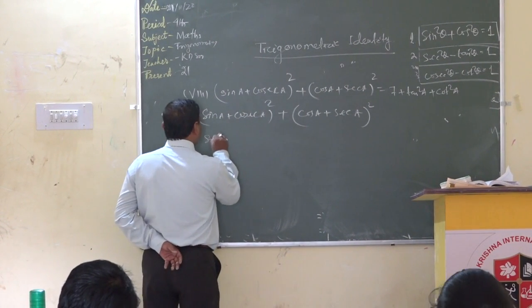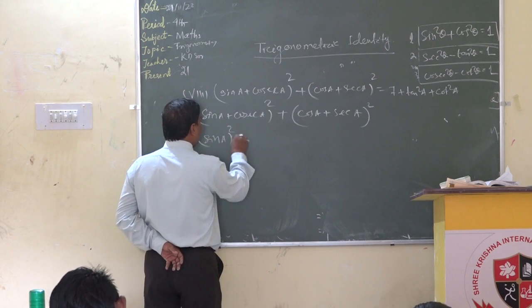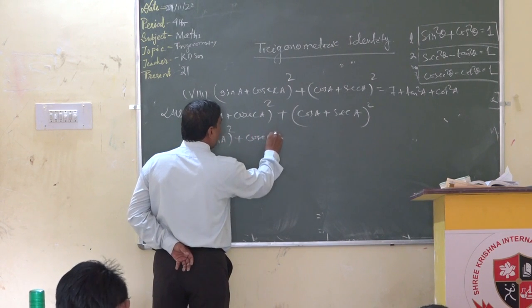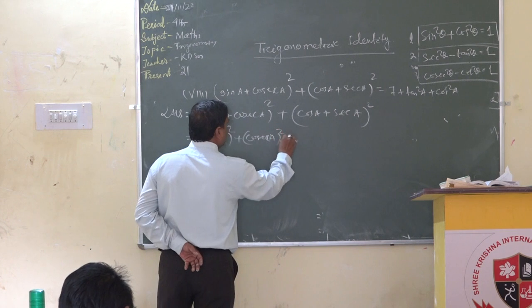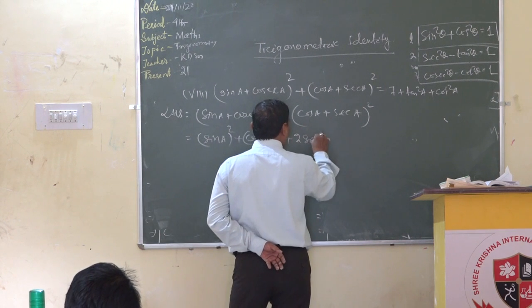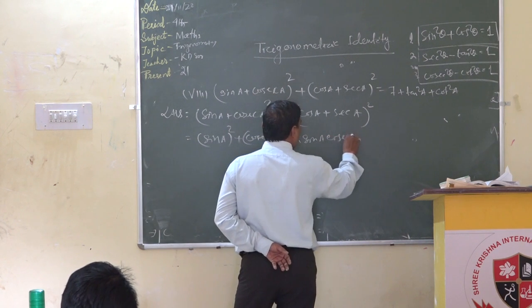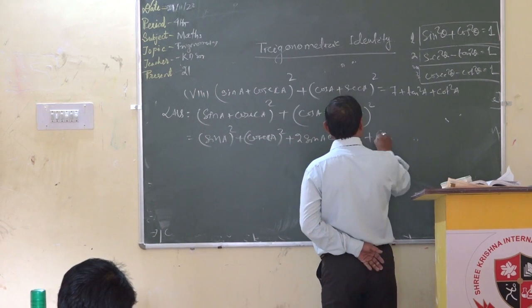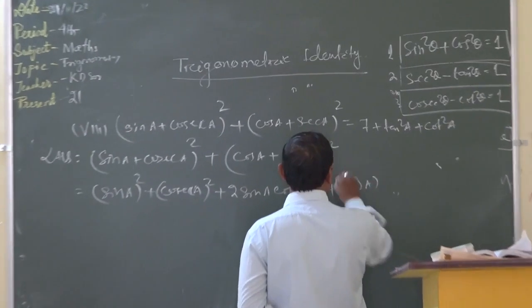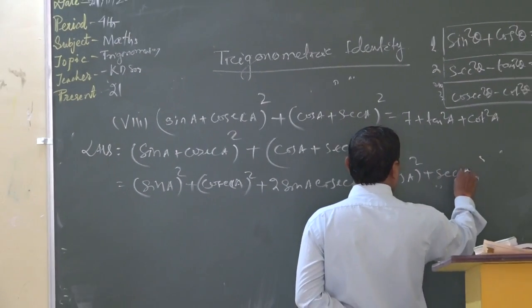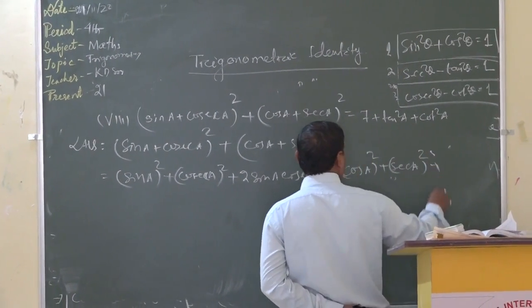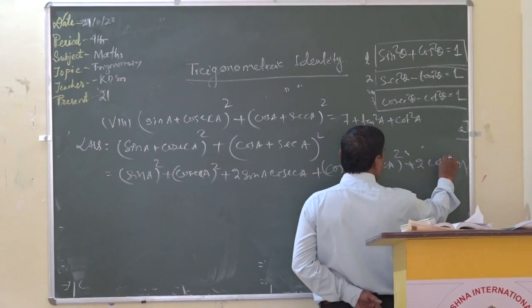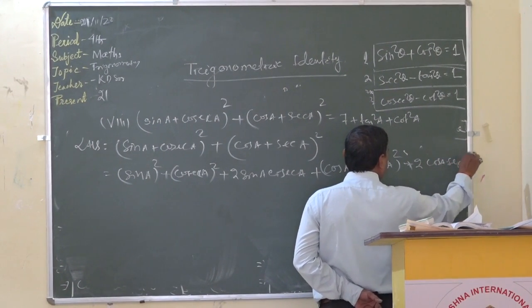So write here (sin A) whole square plus (cosec A) whole square plus 2 sin A into cosec A. Then plus (cos A plus sec A) whole square. Similarly, (cos A) whole square plus (sec A) whole square plus 2 cos A into sec A.